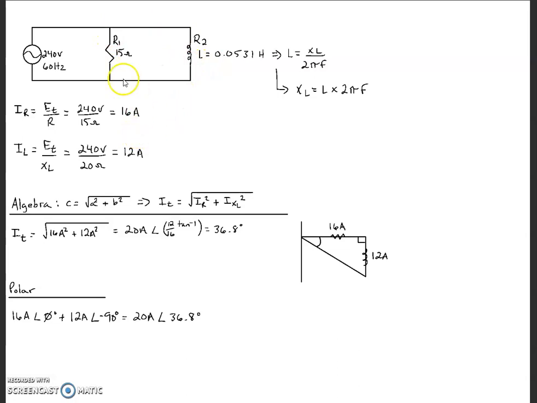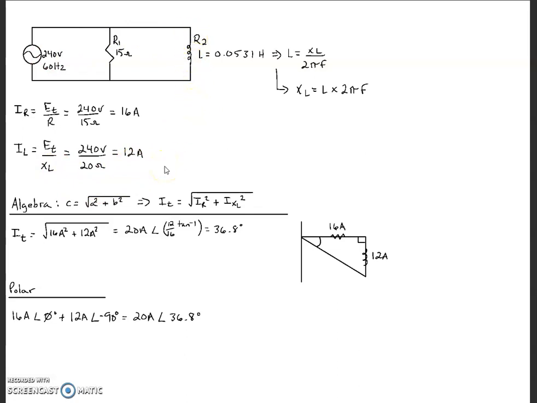Now with parallel, each one of them is seeing 240 volts. So the current through the resistor, E over R, so ET over R, gives us 16 amps through this line. Current through the inductor, ET, again 240 volts, is going to give us 12 amps.